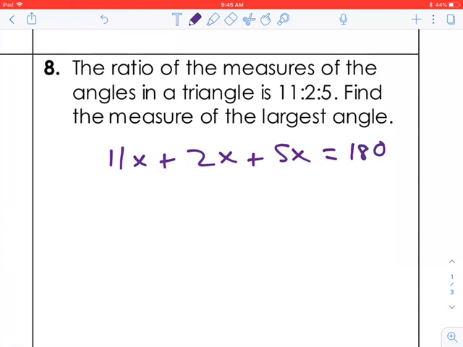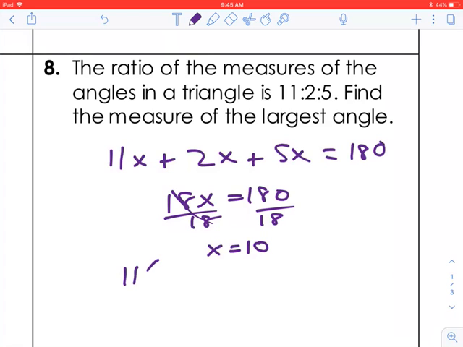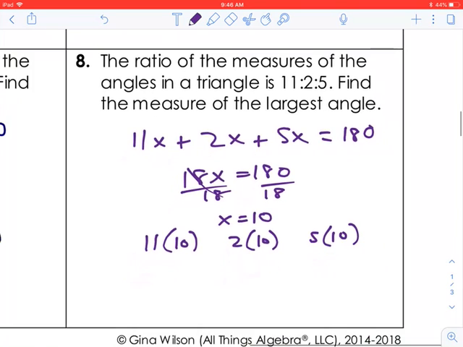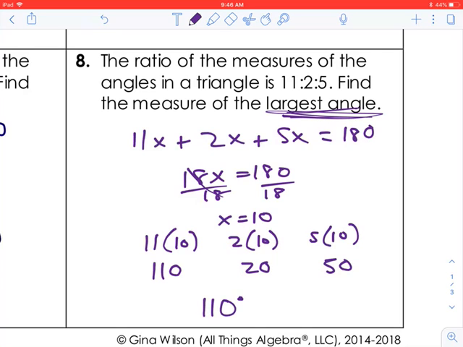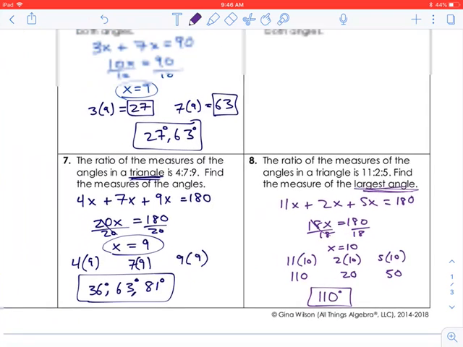So 11 plus 2 is 13, plus 5 is 18x equals 180, which when I divide, I get x equals 10. So when I plug all those in, I don't really actually need to plug all of them in, but I would get 110, 20, and 50. But it asks for the largest angle, so therefore 110 degrees would be my largest angle.